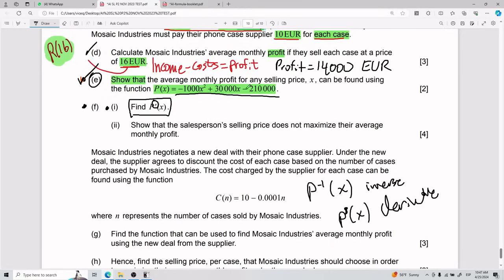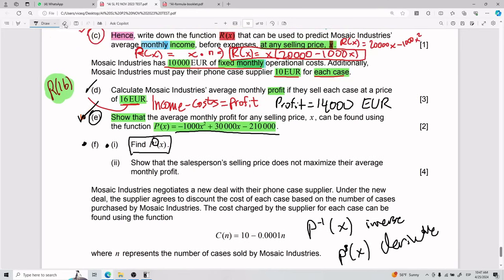There are better examples in the video that I have on the derivative of an exponent, but for our intents and purposes, if you take the derivative of p of x, this first term is going to be negative 1,000 times 2 times x to the power of 2 minus 1.